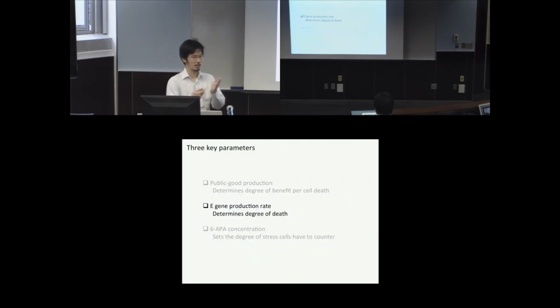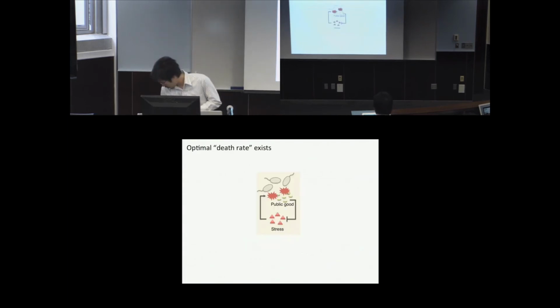OK, the second, which I think is what you asked, is E gene production rate, which determines the degree of death. Let me first go through some intuition. Again, this is the conceptual framework. You have cells and this partial lysis, release of public good, and that reduces stress.